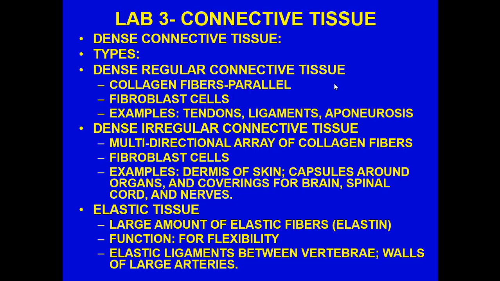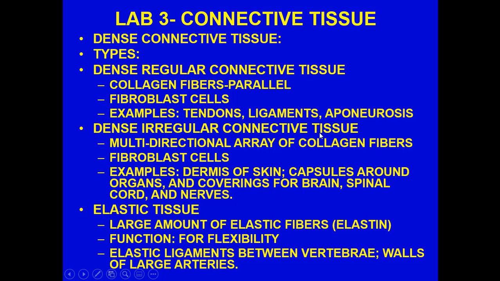It's almost like a continuous sheet of steel fibers that hold on to things. And the predominant cell you're going to find there is fibroblasts, which help make these collagen fibers. So you'll see these very commonly in tendons, ligaments, and aponeuroses. That's a sheet-like structure of a tendon. We'll get more into that when we get into the muscular system.